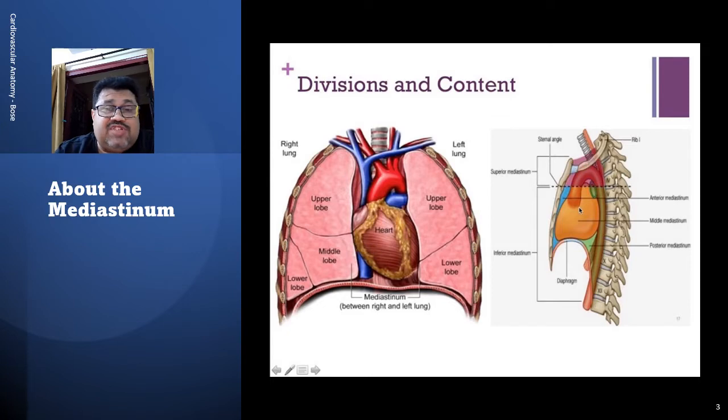To re-emphasize, it is important to realize that the lungs are extramediastinal structures, which means they are not contained within the mediastinum, but rather outside of it and bound laterally on each side of the mediastinum.